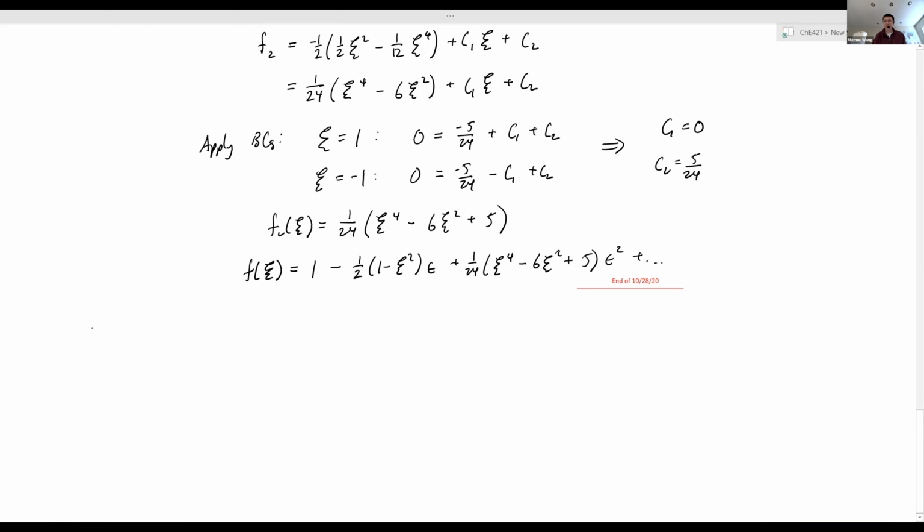Okay, so the question becomes, what if the ODE is different? Okay, so the ODE that we were dealing with before looked like this.